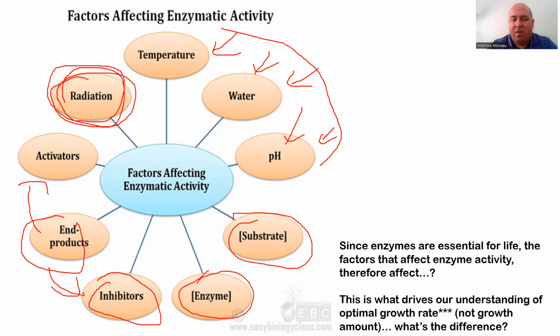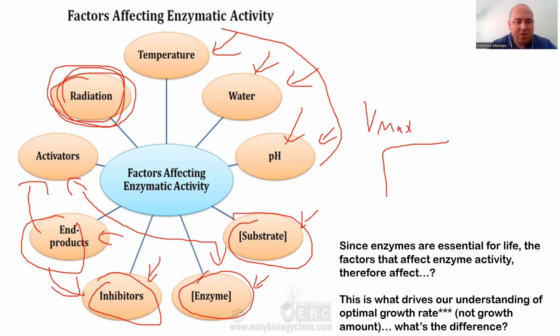Like when you think about, if you've taken biochemistry, your Vmax and the velocity of reaction or the concentration of saturation, all of these things happen in relationship to how much substrate, how much enzyme you have, are there inhibitors, which could be end products, or are there enough activators in order to drive enzyme function.